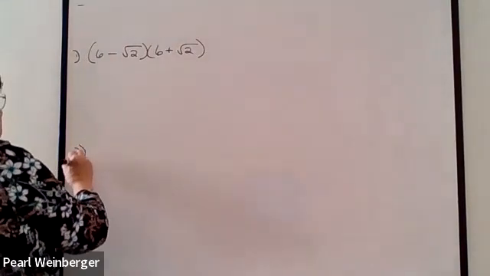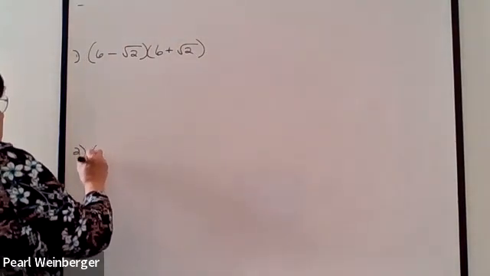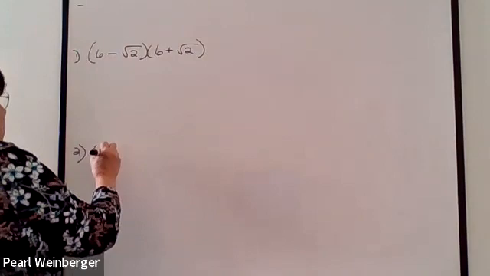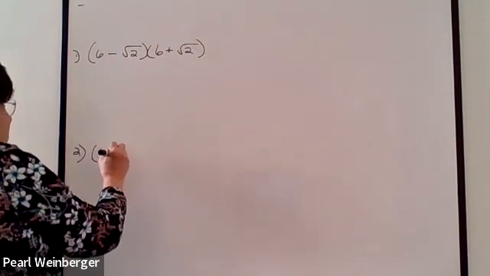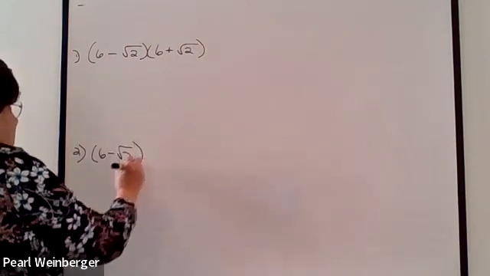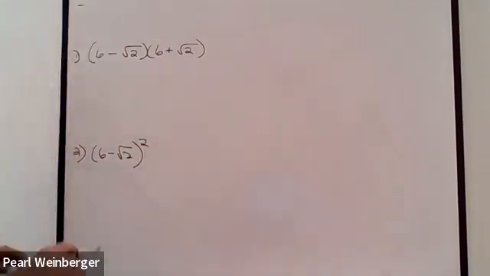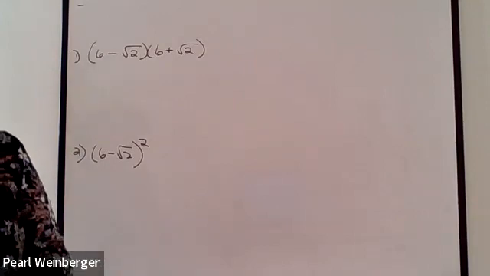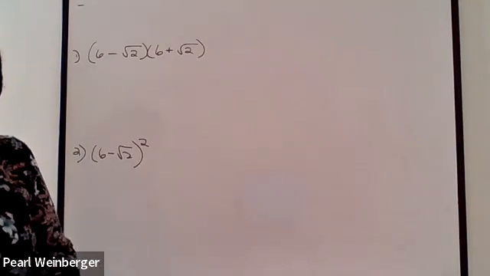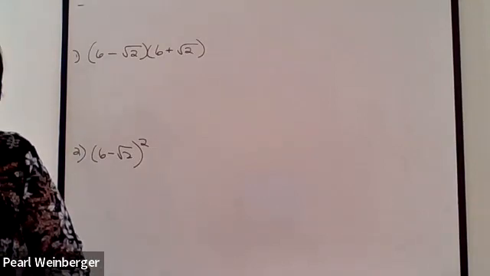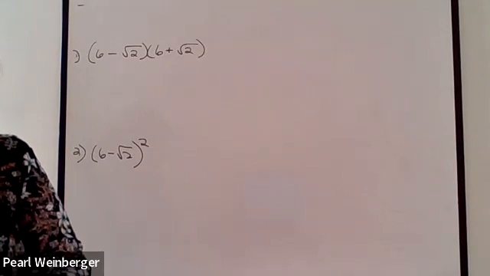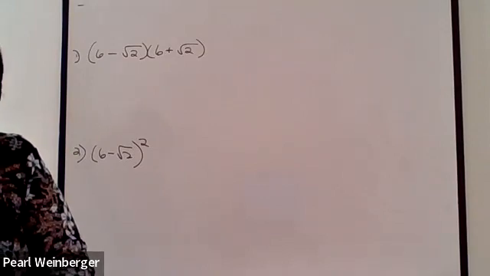And your second question is going to be similar, but it's going to be 6 minus radical 2 with a square on the outside. I'm going to give you time to do both of these questions and see what you come up with. Again, if you answer on the chat, you'll get extra credit.